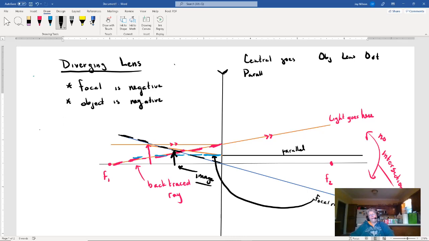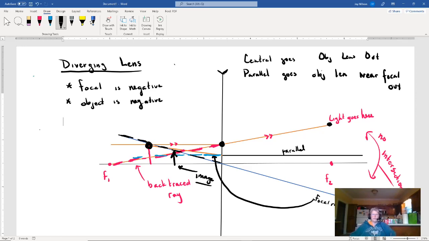Parallel goes object, lens, there's your parallel piece, and then near focal, out.